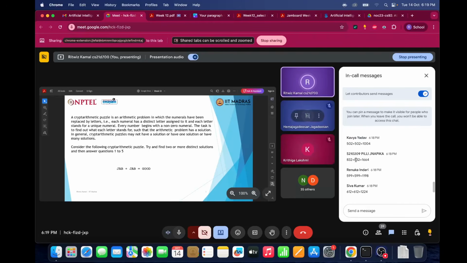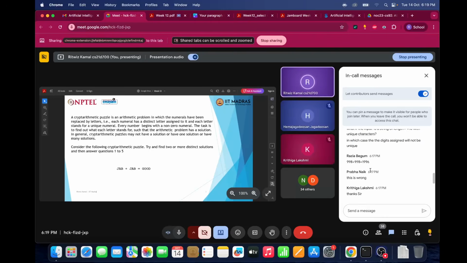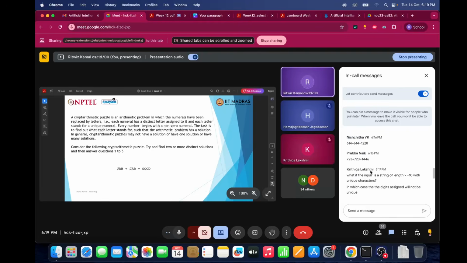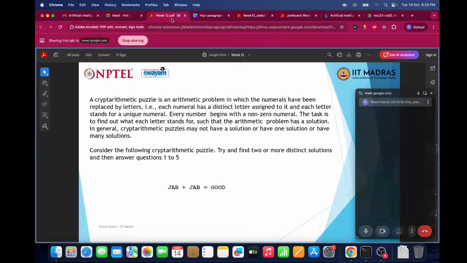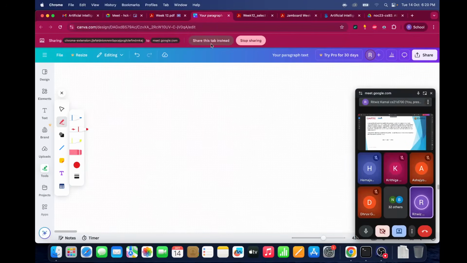Similarly, there are some of you who have assigned a 0, so that is also not valid. Some of you have assigned the same number to both J and A, again that is also not valid. So let's see. 832 plus 832 is correct, I think. Yes, there are some of the solutions provided which we could actually use, so let's write that down.